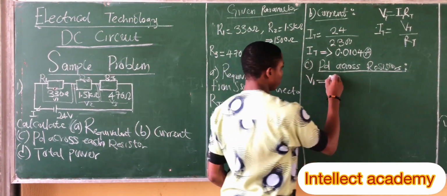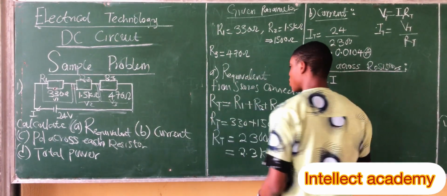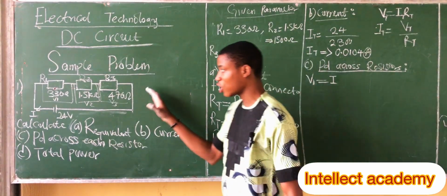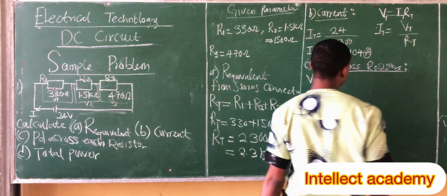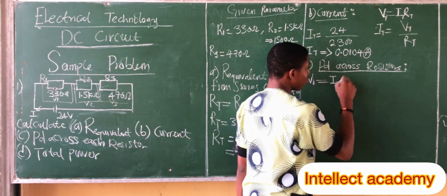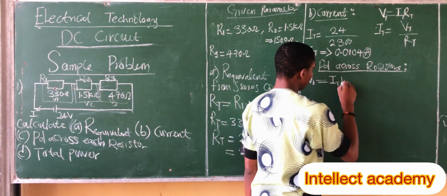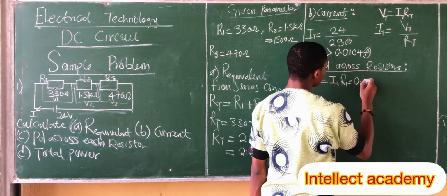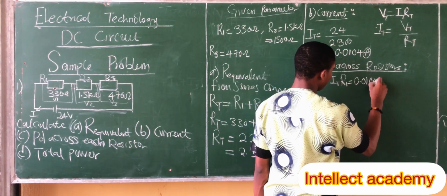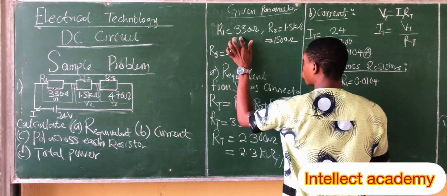So we have I1, but take note, there's nothing like I1 because we say that the current is equal everywhere. So we use I total multiplied by R1. The current is 0.0104, R1 is 330.